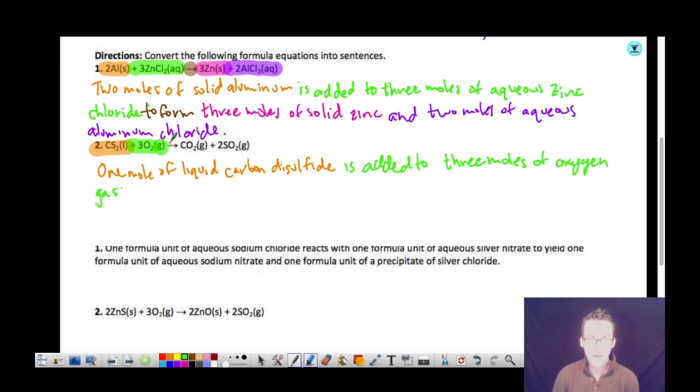Now, recognize that this is diatomic oxygen. You have to include that. It's understood that when we're talking about equations that it's diatomic.